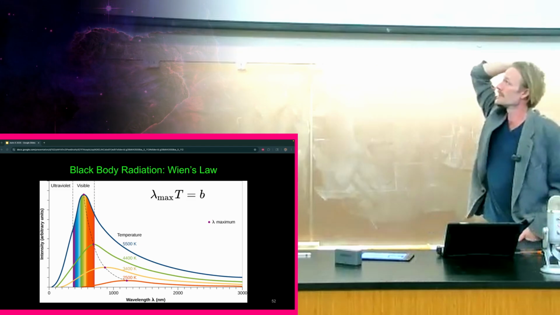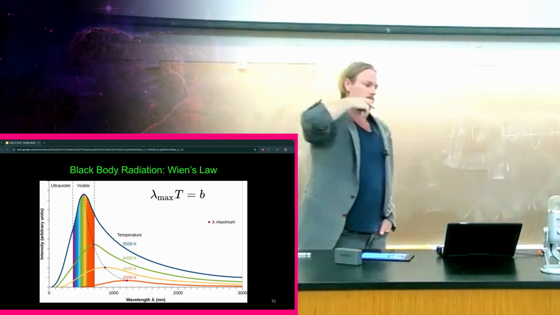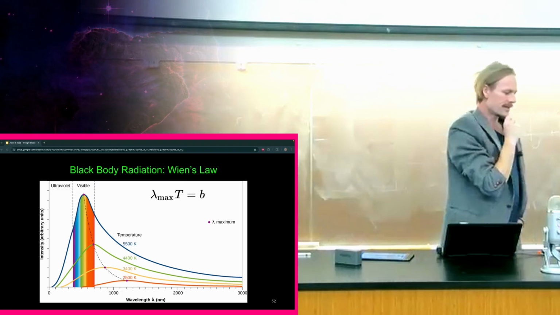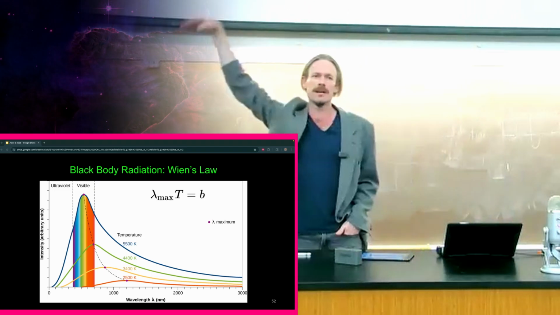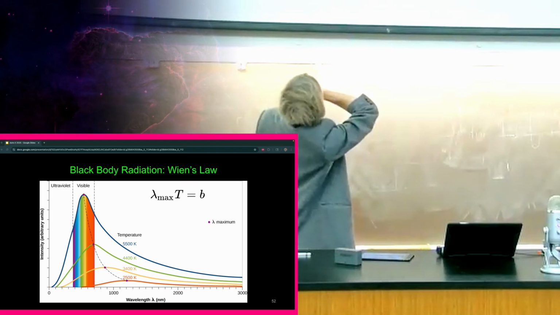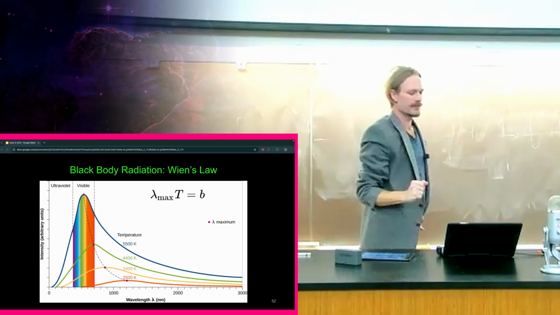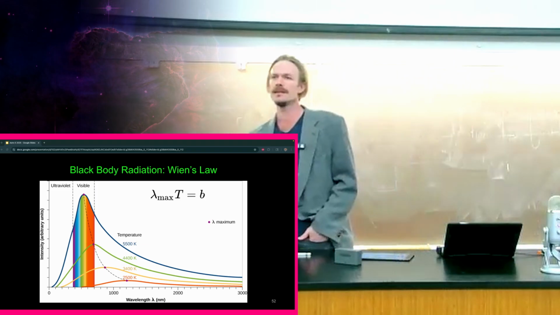Kirchhoff started measuring the spectra of heated bodies in a laboratory. And almost as soon as they started doing this, other people came along, some mathematician buddies of his, this guy named Wien, gave this nice mathematical relationship where he was able to relate the temperature to the shift of that peak, essentially.